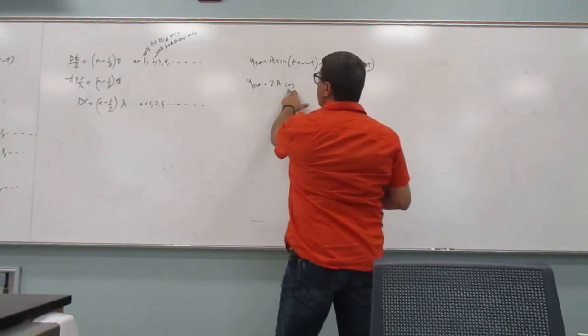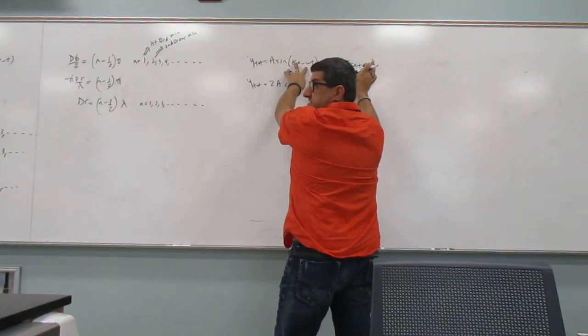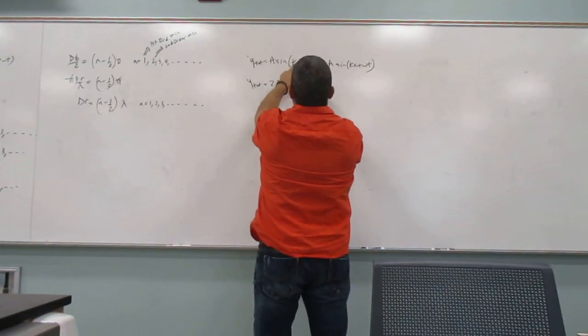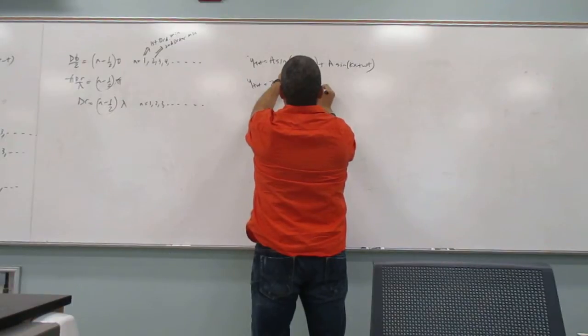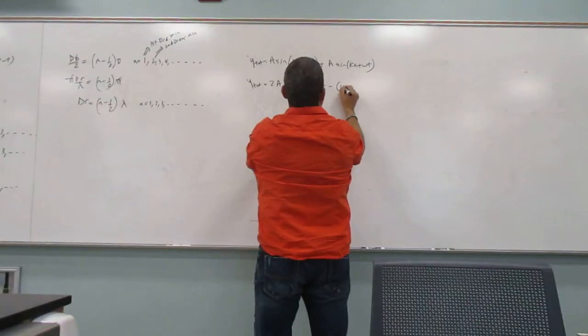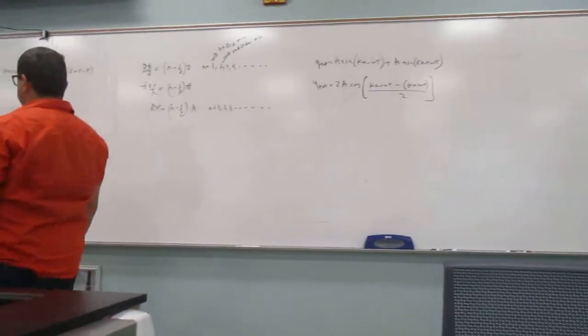So 2a cosine of what? Remember, you subtract when you do the cosine, because it's opposite, right? So when you subtract, kx minus omega t minus kx plus omega t over 2, right? So I'm again using that thing.